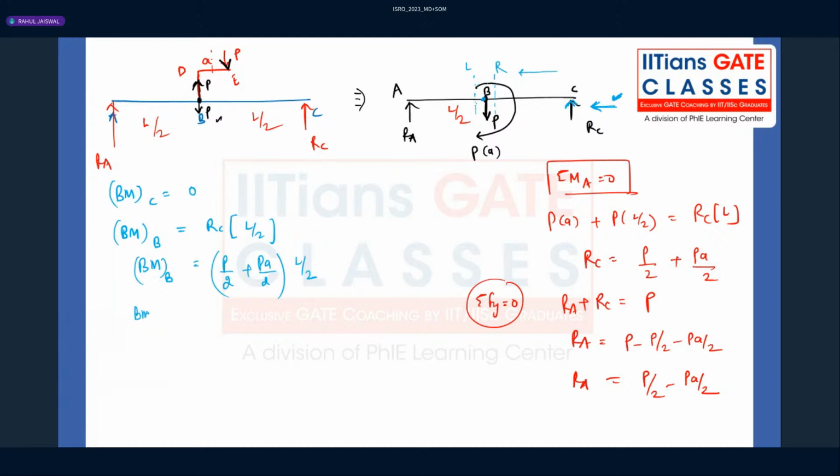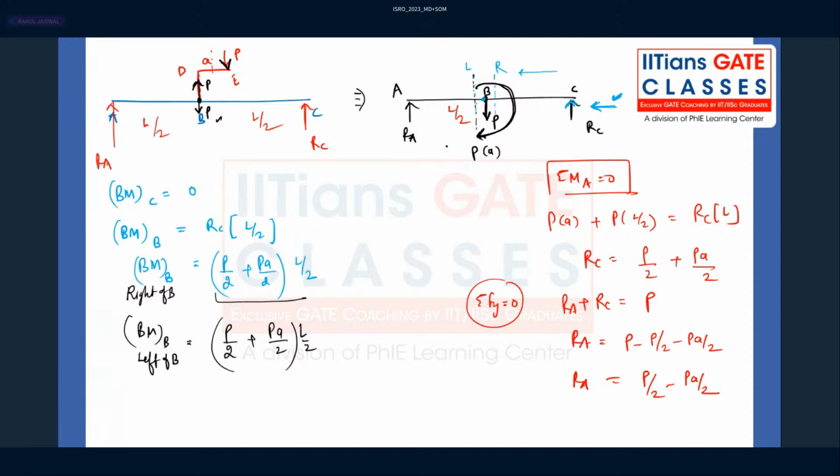But this is the bending moment acting at point B, just to the right of B. What about the bending moment just to the left of B? Just to the left of B, same values are there, but there is a certain moment which will be added here. When you see here, you can see very clearly this moment, and that is creating a hogging bending moment.